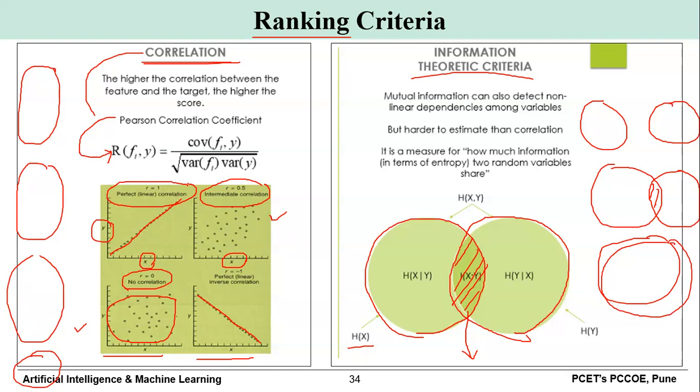So these are the two approaches that can be used for ranking the data. One is correlation and one is information theoretic criteria. And in the second class, that is information theoretic criteria, there could be so many parameters that you can consider in order to rank the data.